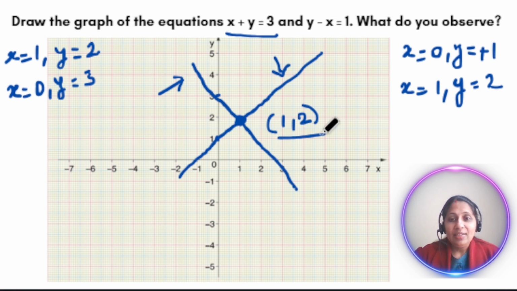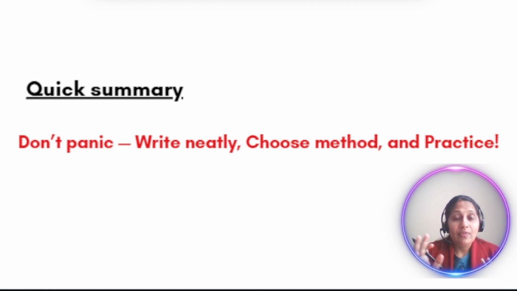Now, again, a quick summary. Whenever you see a system of linear equations in the exam, don't panic. Write neatly, clearly, choose the method which is convenient for you, or otherwise if they have specified the method, go for it. If not, choose the method which works for you and practice. And in the exam, do it straight away.